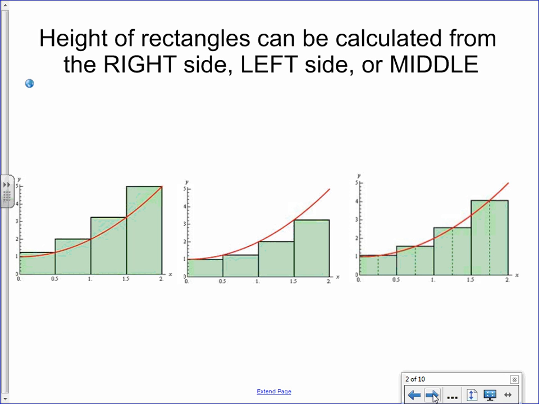Or we're going to take our rectangles and put the left end to make the height of our rectangle on the curve. Or we're going to take the middle of the rectangle and make that the height from our curve. Do you think that looks like the best option? Yeah.